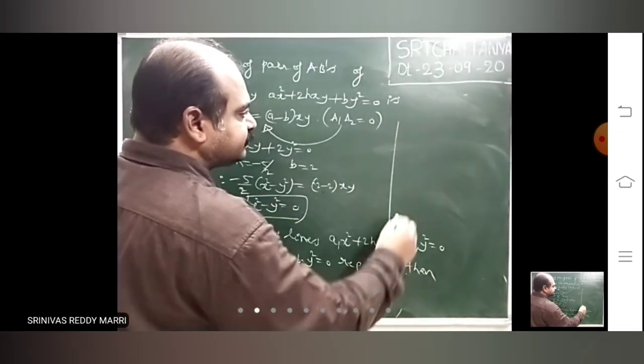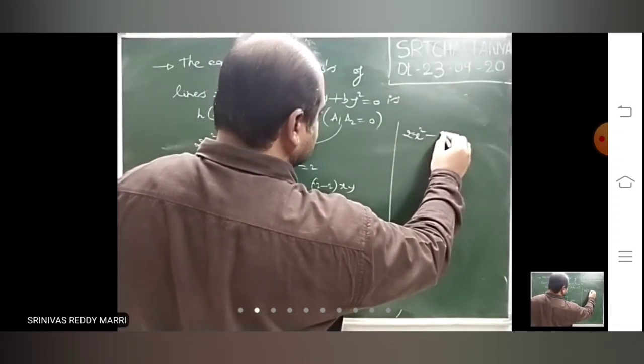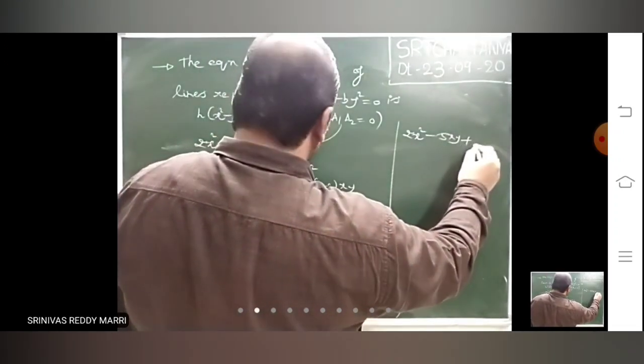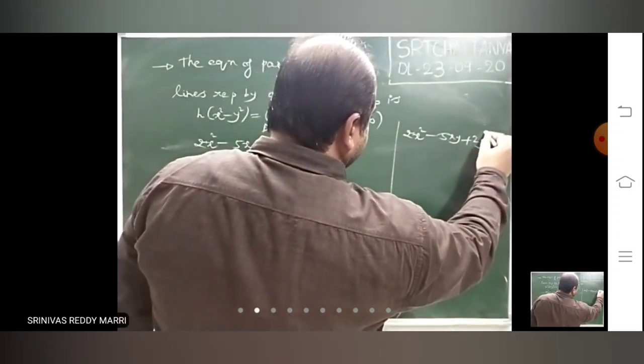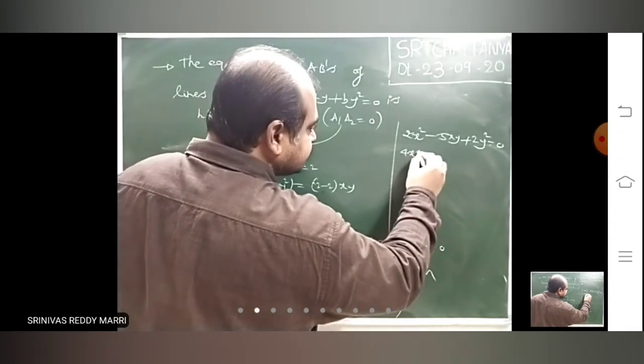Represent same means suppose one pair of lines is like this, another pair of lines is like this.